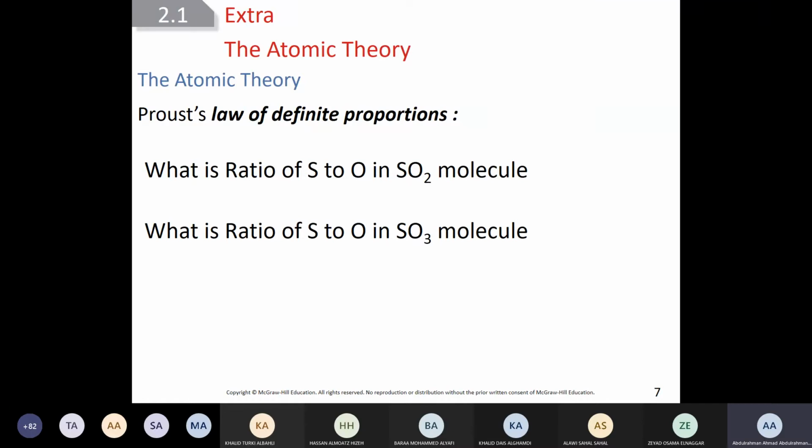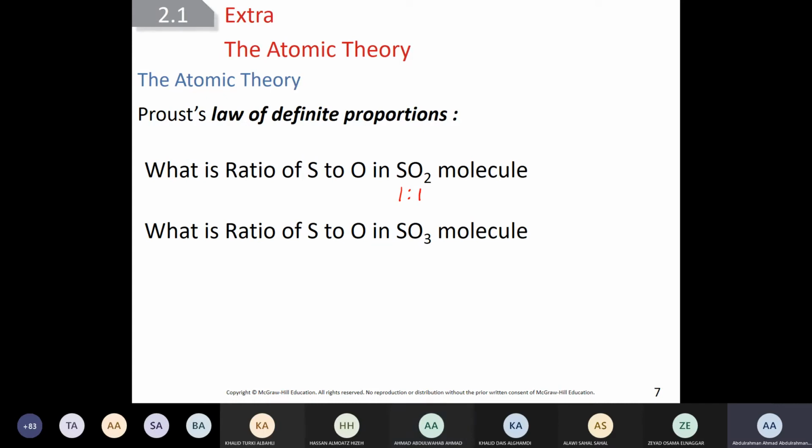Okay, law of definite proportion. What is the ratio of S to O in SO2? Come on, give me the answer. 1 to 1. All right, very good.